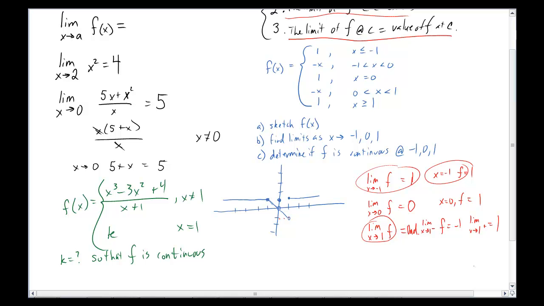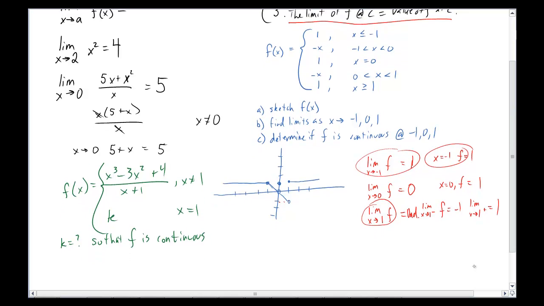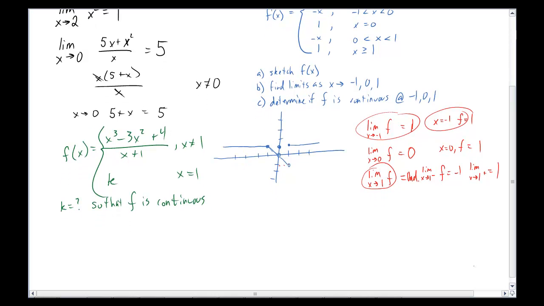All right, now that should be fairly straightforward. It shouldn't be too difficult. We've got a function here. Putting 1 straight in is not going to be a problem at all, so what I'm going to do is just put 1 in. If this was x minus 1, I might have to divide and cancel out, kind of like I did up here. But due to the fact that I can put 1 straight in, I can find out what this is going to be as I get closer and closer to 1.